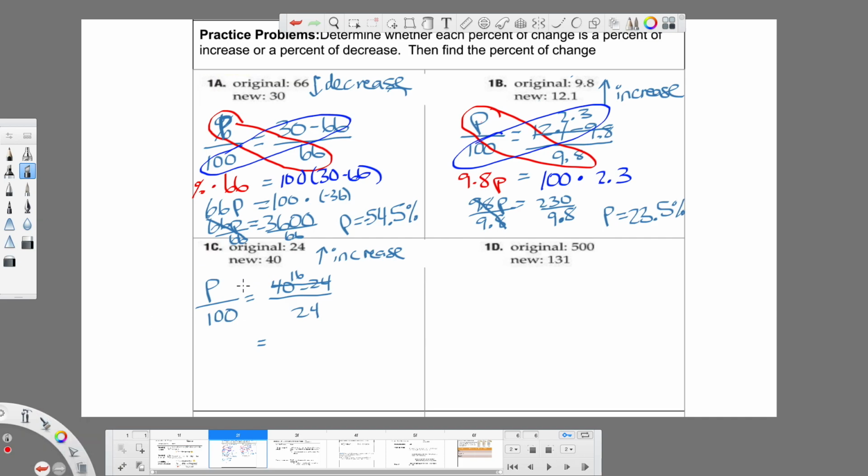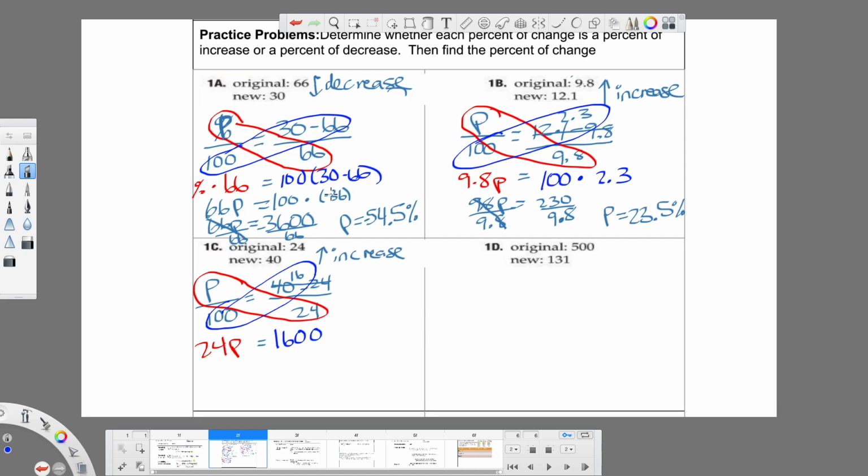P times 24, I get 24p. And 100 times 16, and you don't necessarily have to write it out like this either. If you say 100 times 16, okay, well, that would move the decimal over 2 times, that's 1600. That's perfectly fine. You can do that. Just make sure if you start skipping these steps that you understand what's going on there.